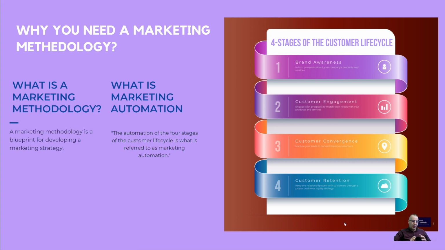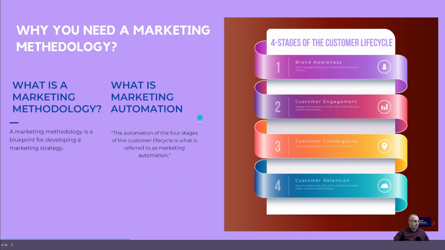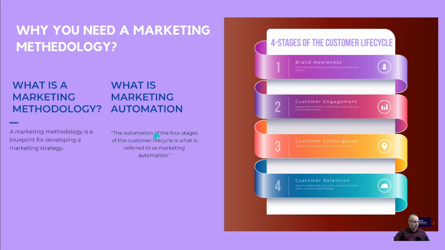But once the framework includes detailed implementation guidelines and the processes and the models, we refer to the entire thing as a methodology. What does it mean? That means this entire course can be referred to as the methodology for marketing automation. This is why, actually, what is marketing automation? Marketing automation is the automation of the 4 stages of the customer life cycle.